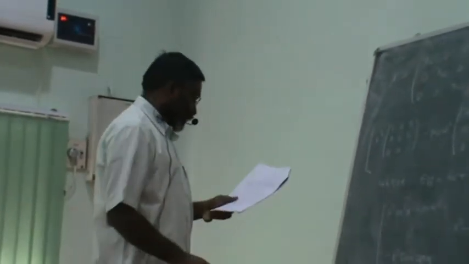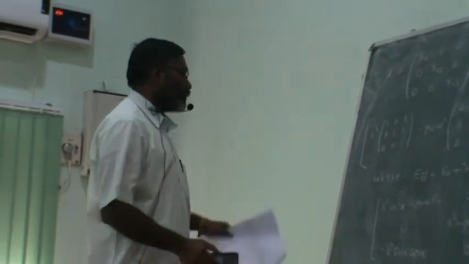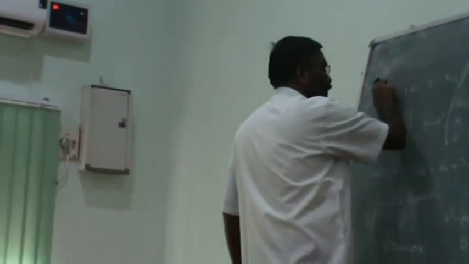Now, the determinant of this matrix, we have to ask it to be 0, and that gives you different constants. So if we ask the determinant of this to be equal to 0, then we will have the following conditions for this omega.